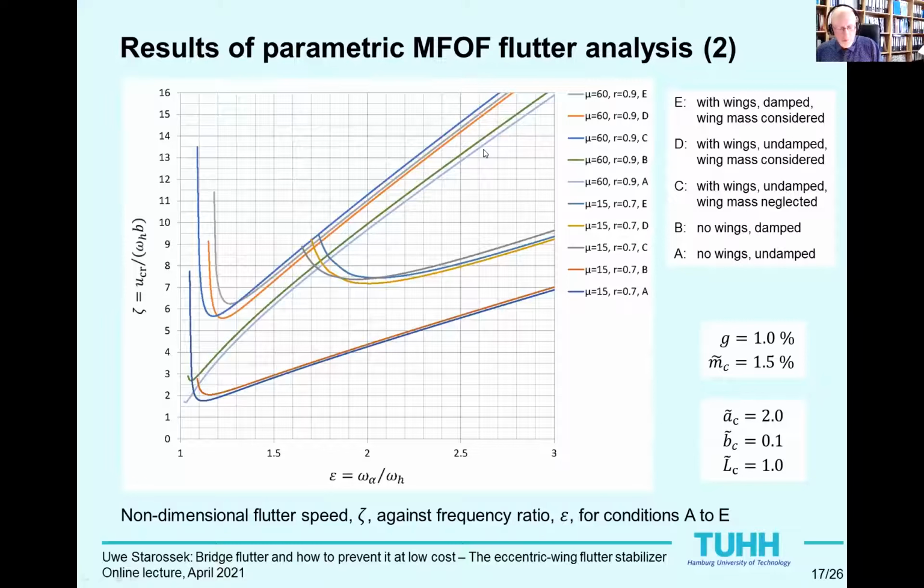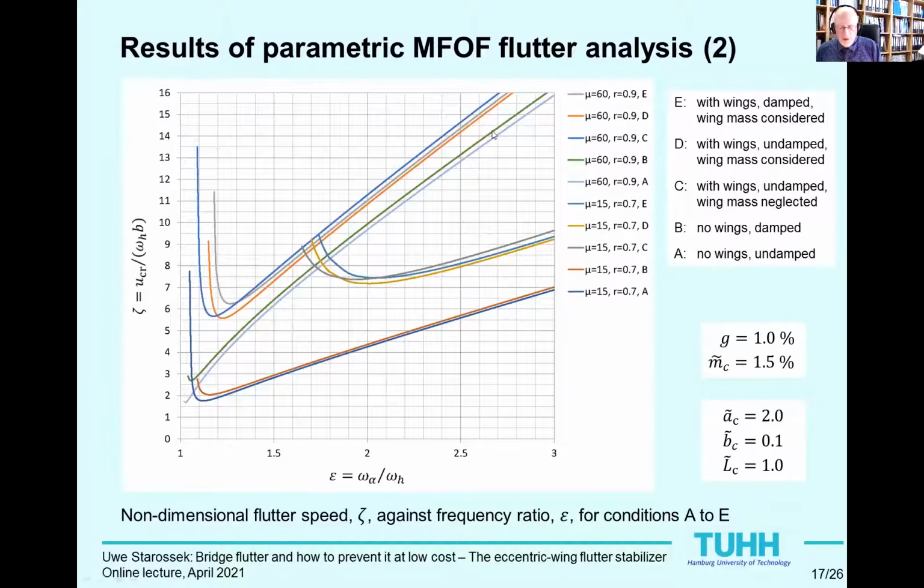The two curves repeated from the previous slide are now labeled A, meaning no wings, undamped. The two curves labeled B, this one and this one, result when structural damping is added.